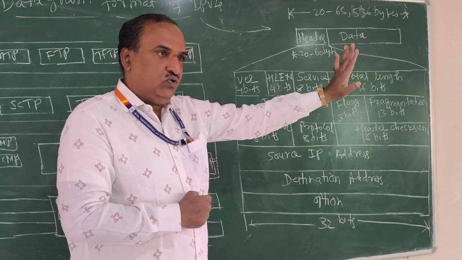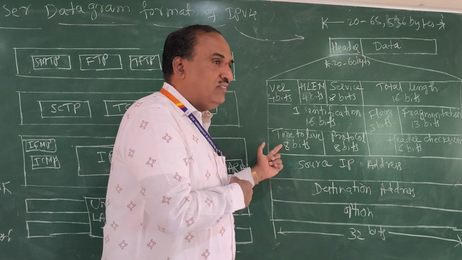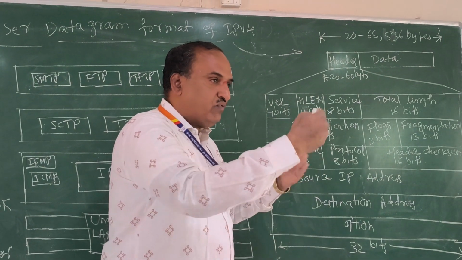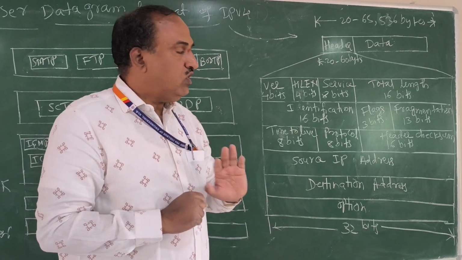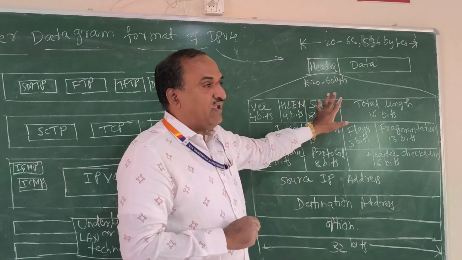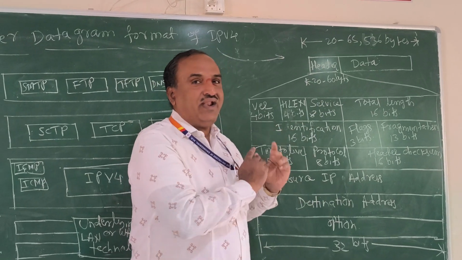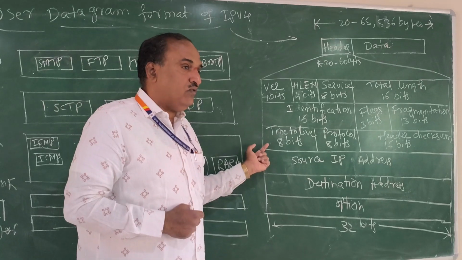Suppose it is received at the destination, no problem. If it is not received at the destination and the time to live becomes 0 after another router, then the internet will not keep this frame or packet. It will discard it.